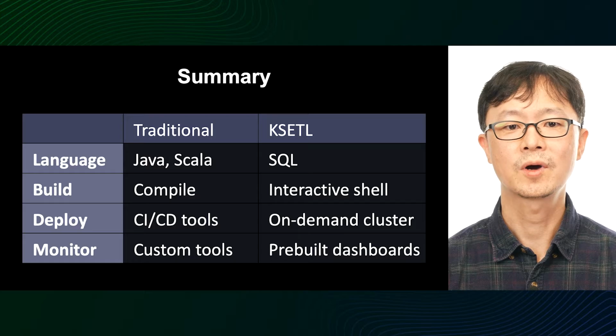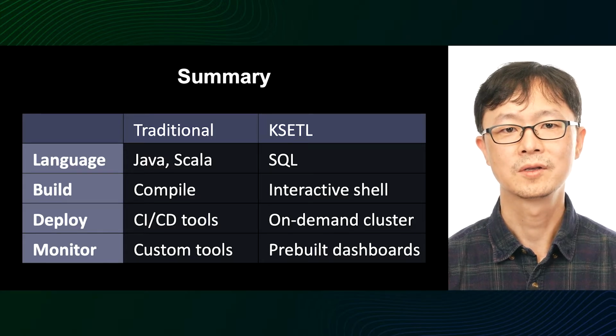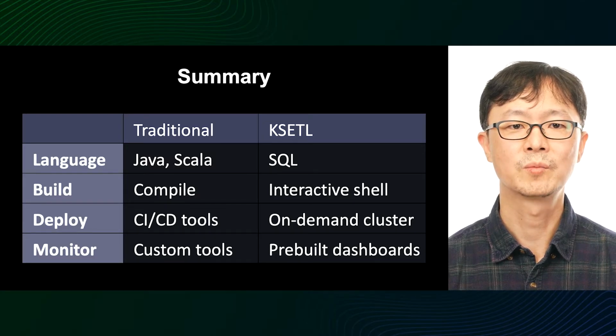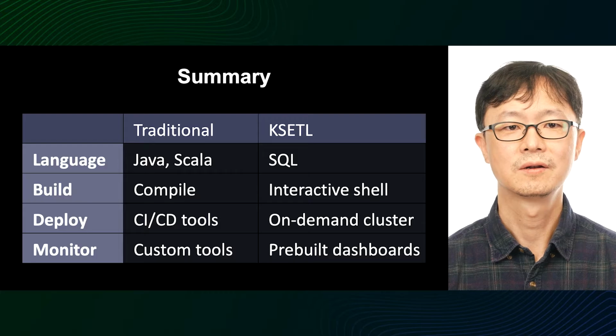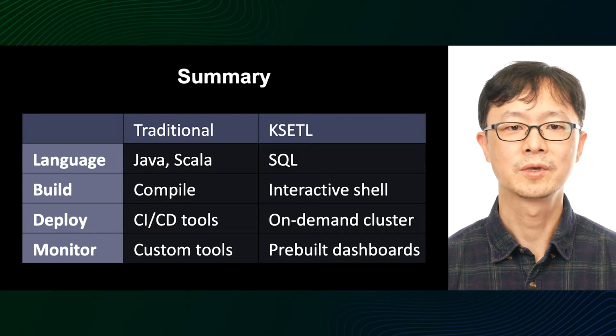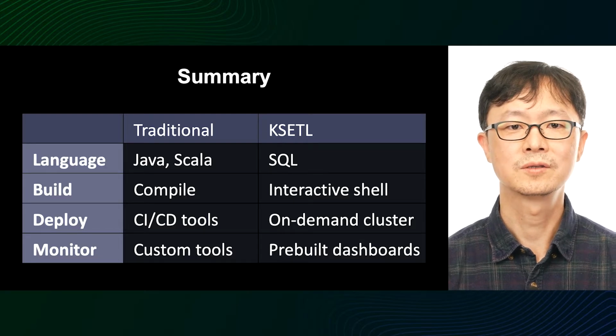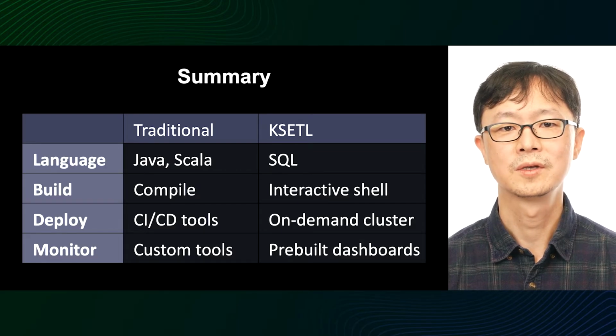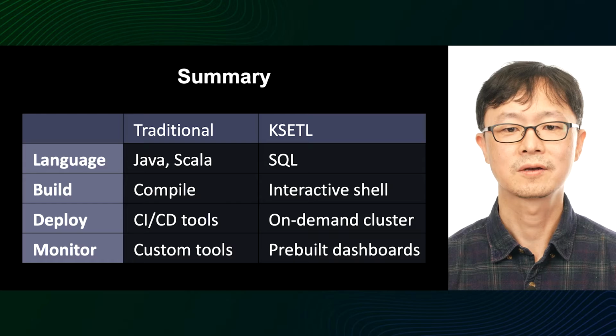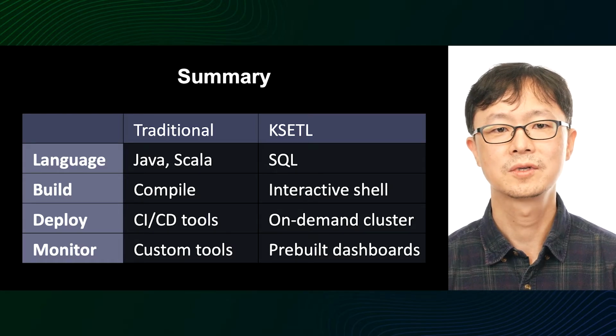And for deployment, traditional systems used CI/CD tools, and KSETL uses an on-demand cluster. And also for monitoring, the traditional system had its custom tools, but KSETL has pre-built dashboards that we can use.